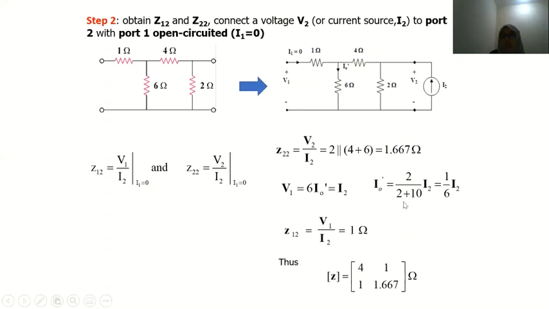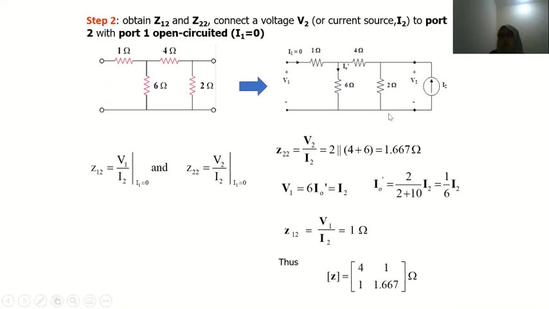Then, using the voltage divider rule, I naught prime is equivalent to 2 divided by (2 plus 6 plus 2 plus 4 plus 6), which gives you 2 divided by 12.